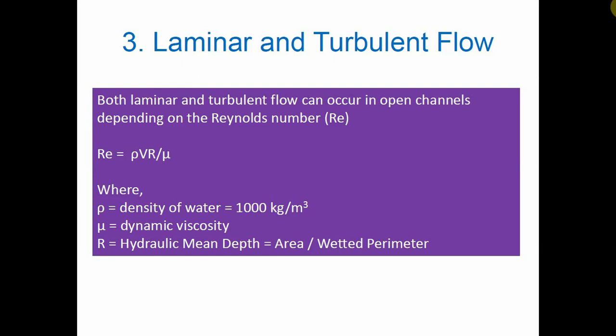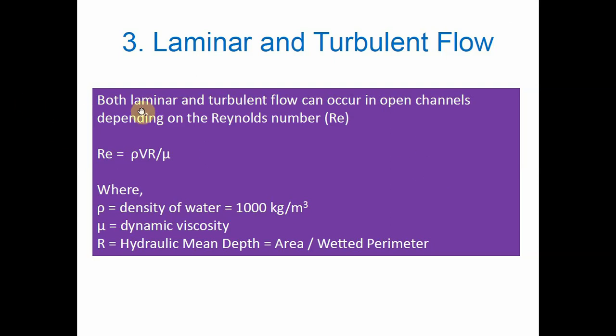When the Reynolds number, Re, is less than 2000, the flow is laminar, and when Re is greater than 4000, the flow is turbulent. When Re is between 2000 and 4000, the flow is transition flow. Okay, where Re is given here.